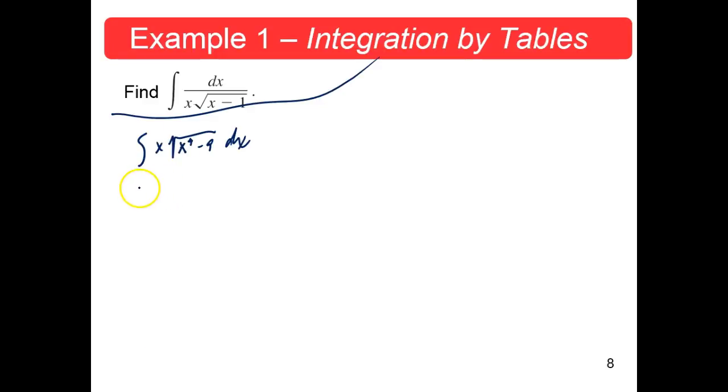To get it to look closer to what we've got there, let's let u equal x squared. What would that do for us?